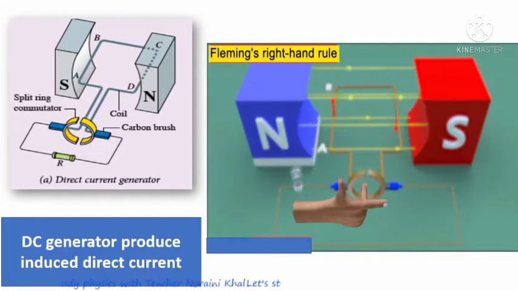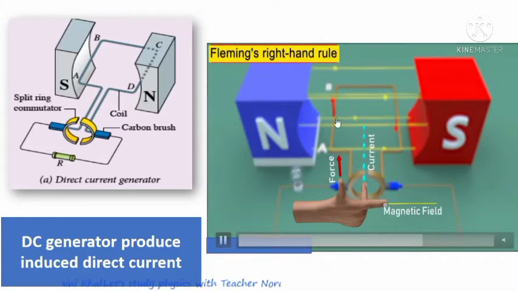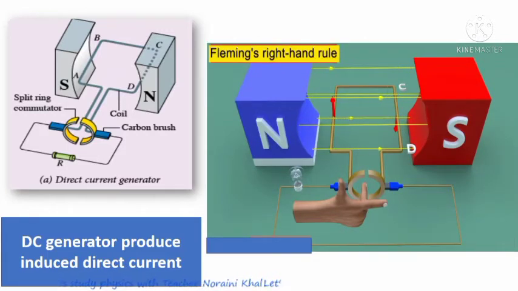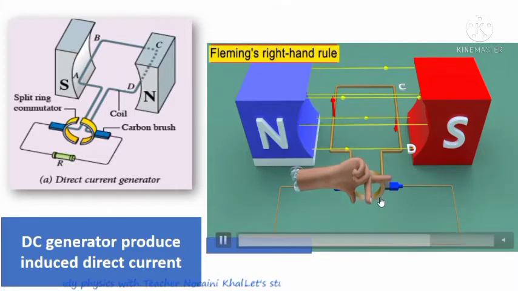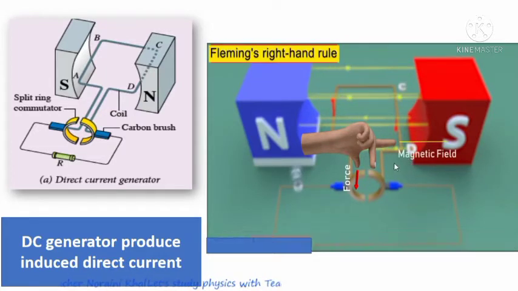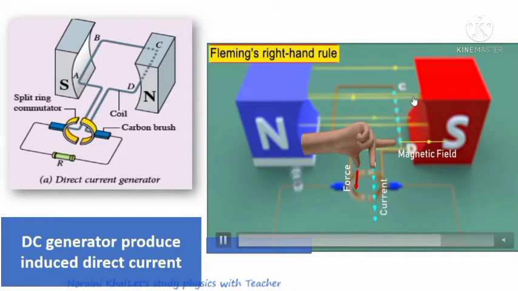When the coil rotates in clockwise direction, for side AB using Fleming's right-hand rule, we get the direction of current as A to B. And then for side CD, it moves downwards, so the direction of current is C to D. So now the coil is A, B, C, D.